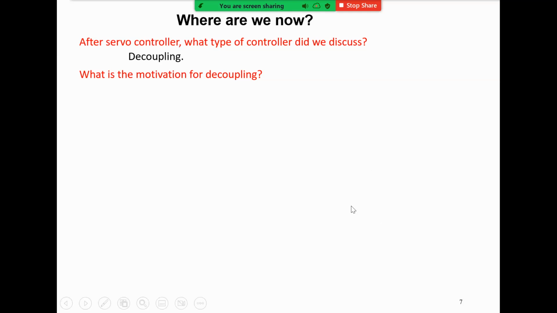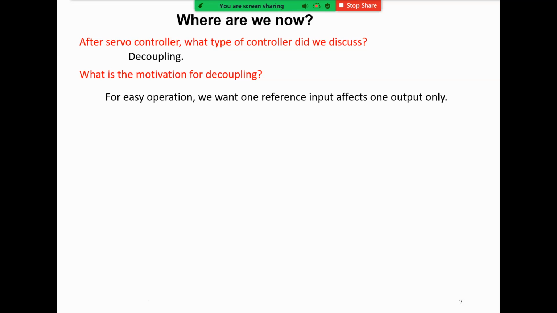This is just for easy operation. Let's say you have two outputs, you want to control them with two reference inputs, and for easy operation, you say, I want to change one output, then I just change one input. That's the way the system is decoupled.